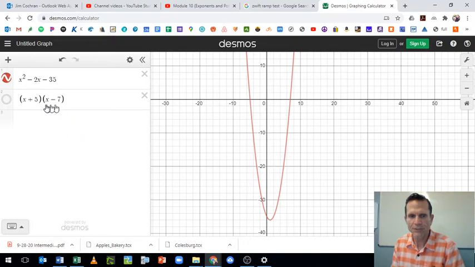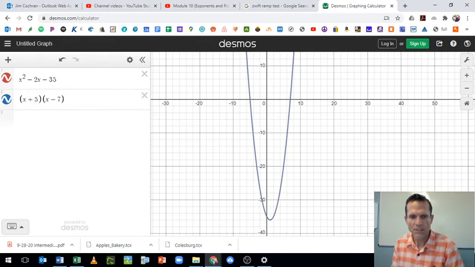And then I typed in the product of the two binomials, and what you end up seeing is the two parabolas are on top of each other, and that proves that they're equal to each other. So that's one way you could use Desmos to help you see if your factoring is correct.